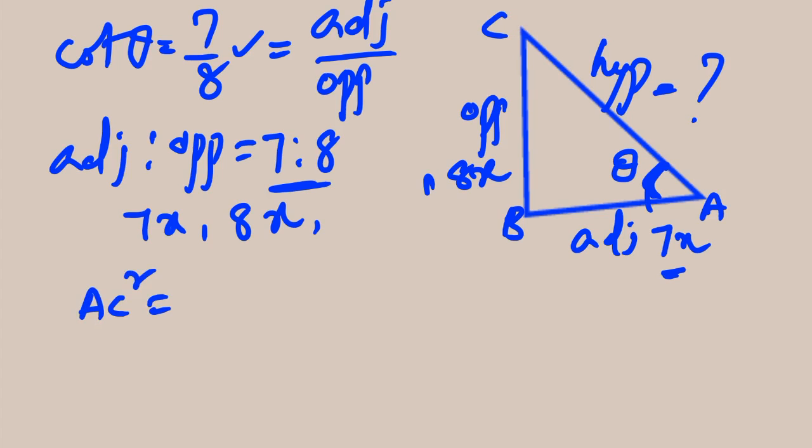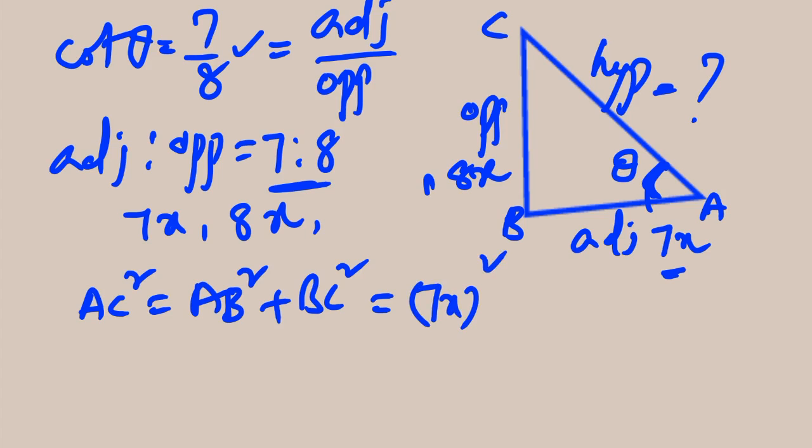AC square is equal to AB square plus BC square. According to Pythagoras theorem, the square of the hypotenuse is equal to the sum of the squares of the remaining two sides. So to get AC, first substitute the values. What is AB? AB is (7x) whole square, plus what is BC? (8x) whole square.